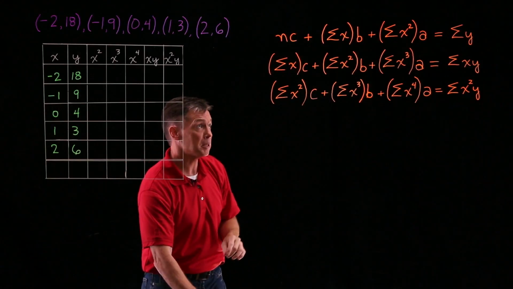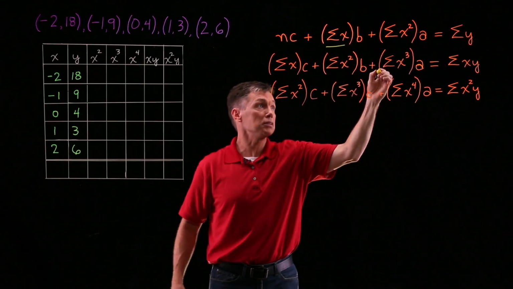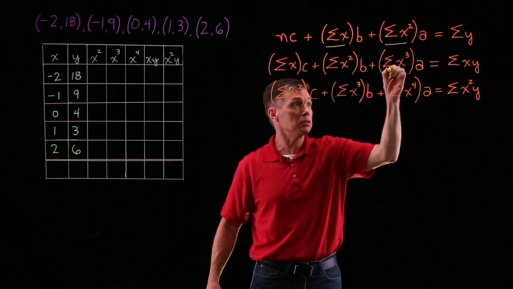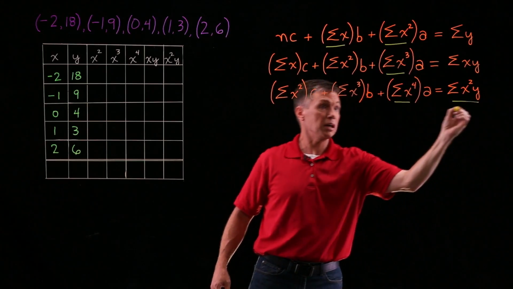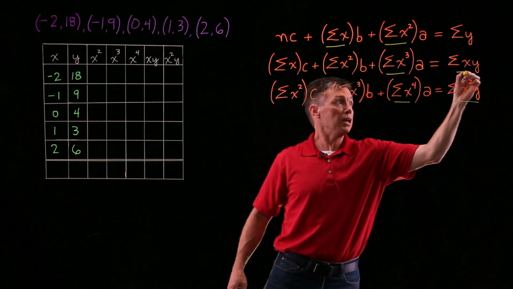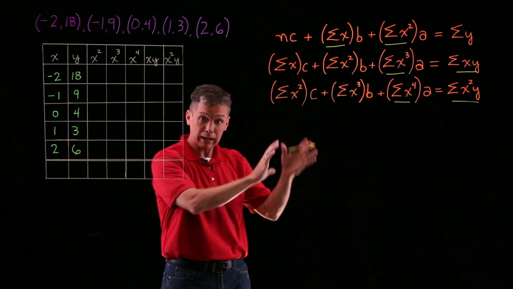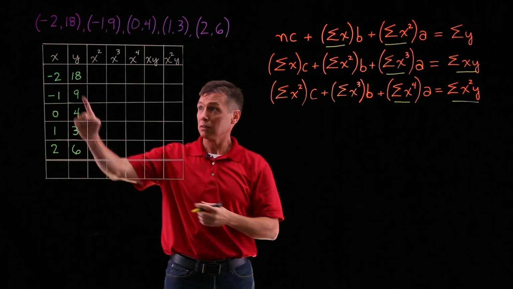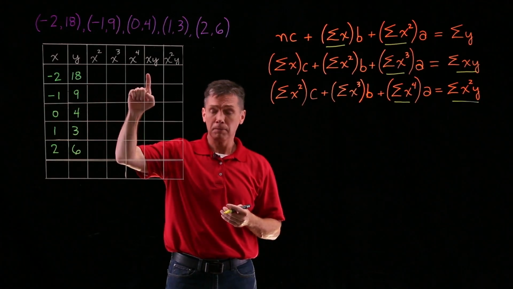I can see I need the summation of x's, the summation of x squares and x cubes, even x to the fourth, x squared times y, and I also need x times y. So let that guide what you put into the table, because that's how I would have determined what to put in each column header.